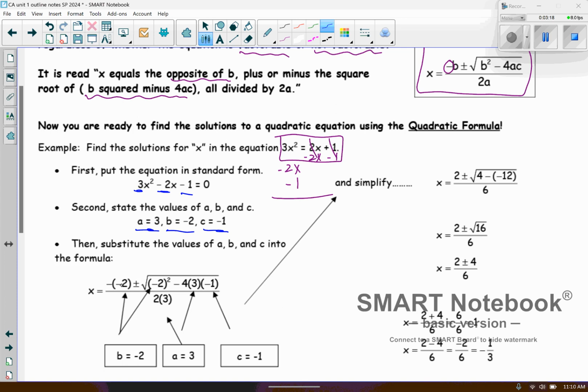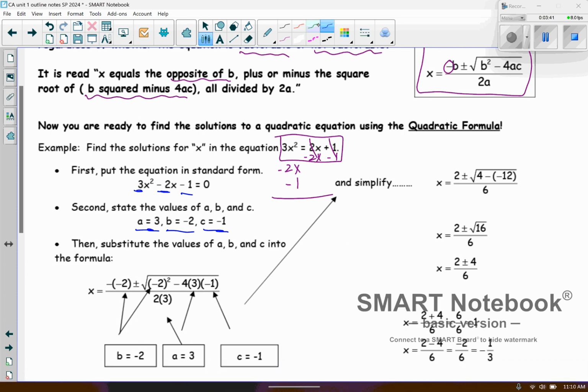So negative b plus or minus the square root of b squared minus 4 times a times c, all divided by 2 times a. You get everything where it goes, and then from here you just have to be careful with your algebra, and you should be okay.